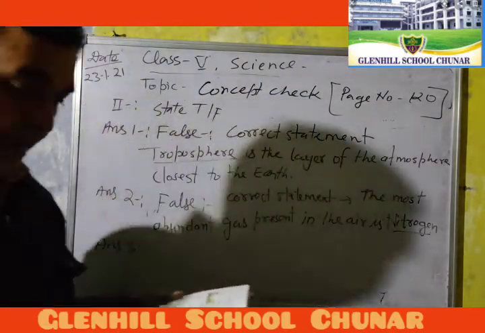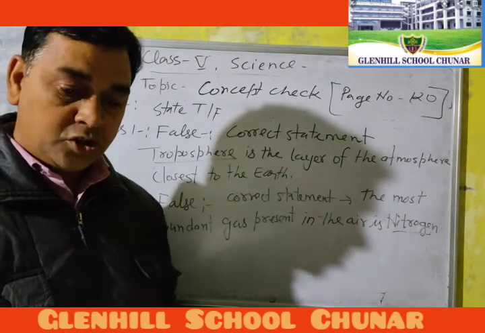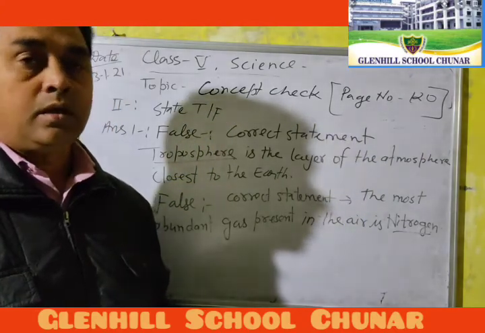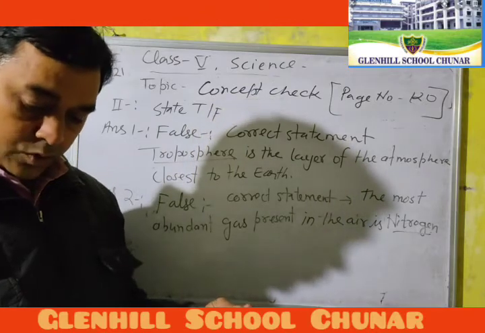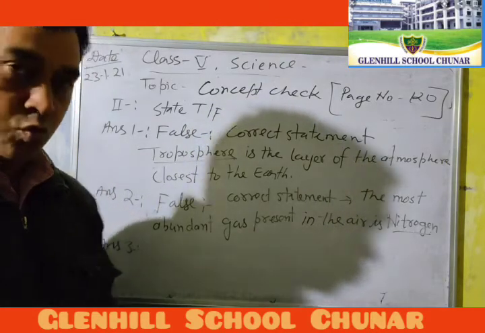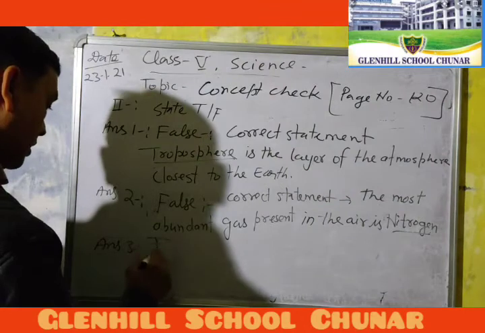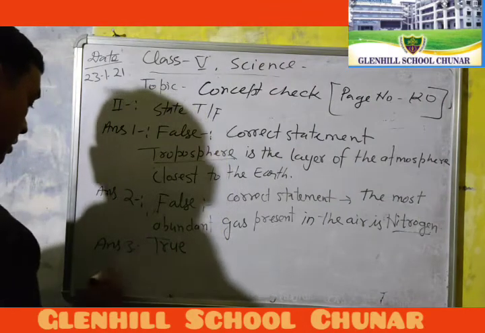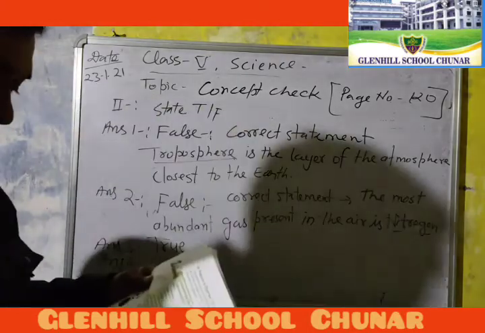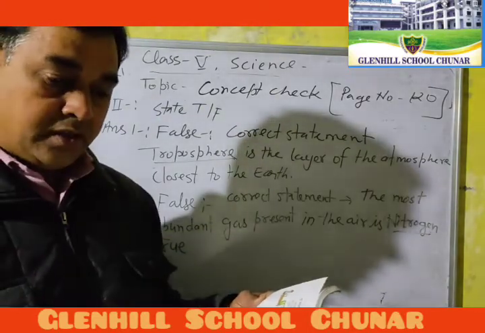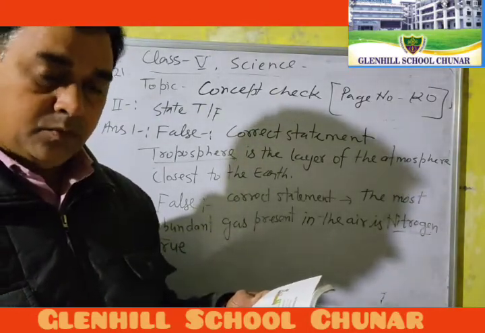Third, exosphere is the outermost layer of the atmosphere. Exo, outermost layer. This is already given in your textbook. This is true. Answer 4. Oxygen is needed to release energy from food.